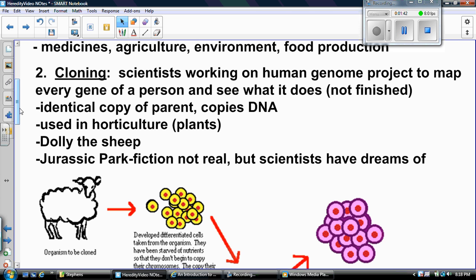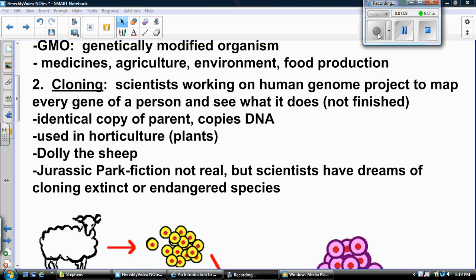It's used a lot in horticulture with plants. They actually did do it with an animal, Dolly the sheep. Okay, and you've actually seen this if you've watched the movie Jurassic Park. It is fiction, it's not real, but scientists have dreams of cloning extinct or endangered species.